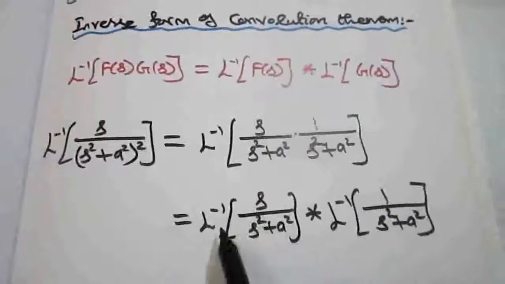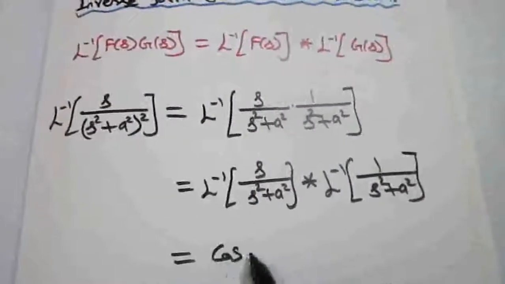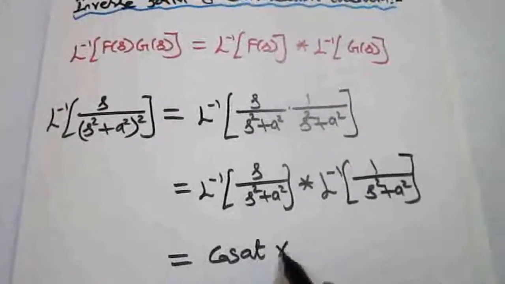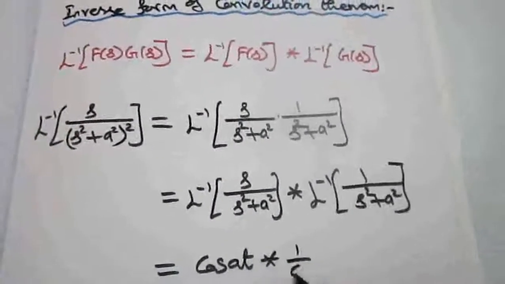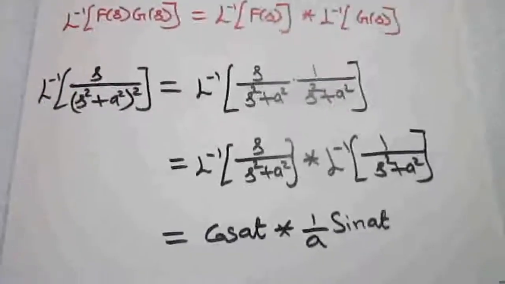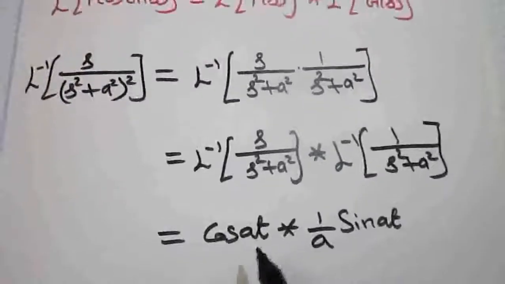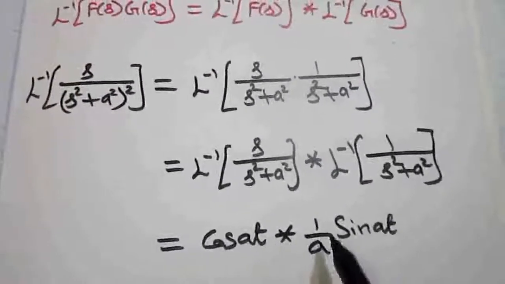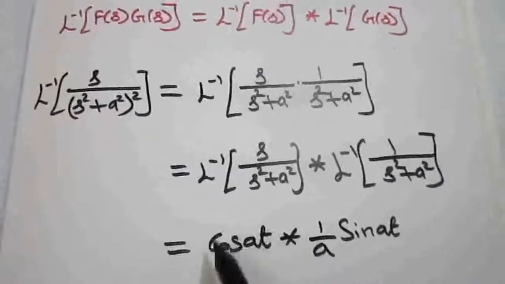Now here L inverse of s by (s square plus a square) is cos at, star L inverse of 1 by (s square plus a square), which is 1 by a sin at. These are the standard inverse Laplace transform formulas. So this is cos at star 1 by a sin at, which is now the convolution of two functions.